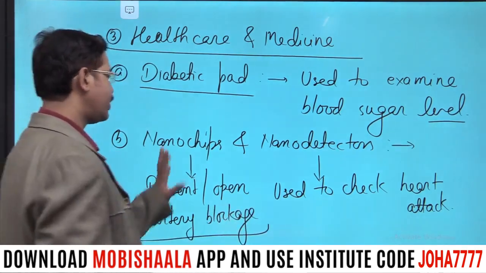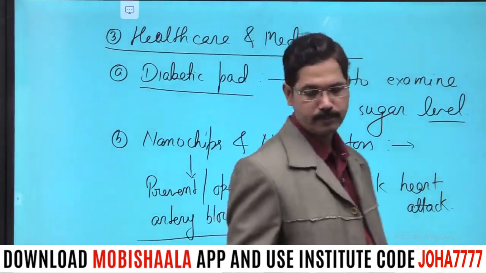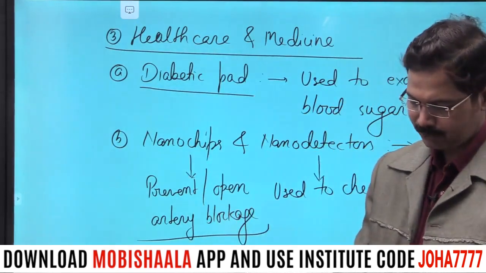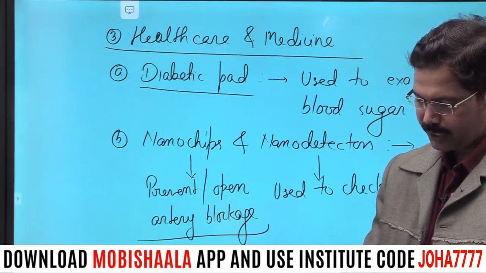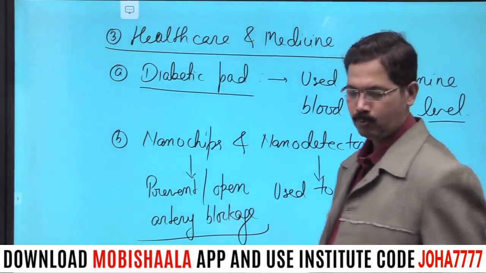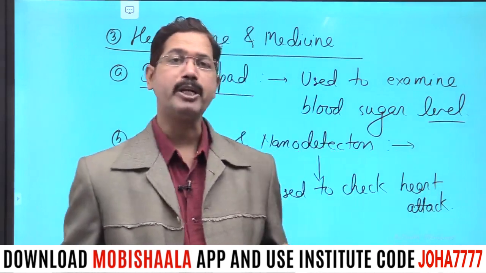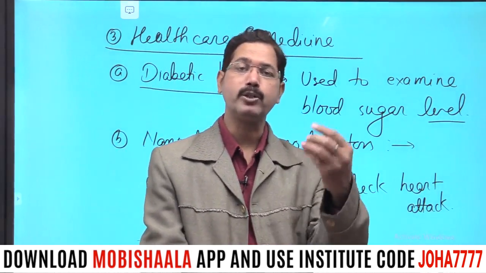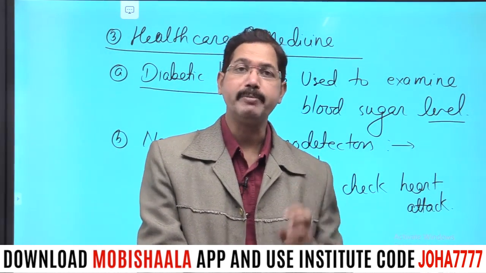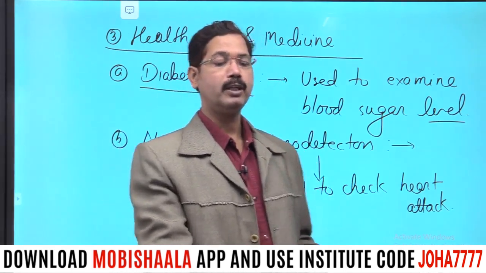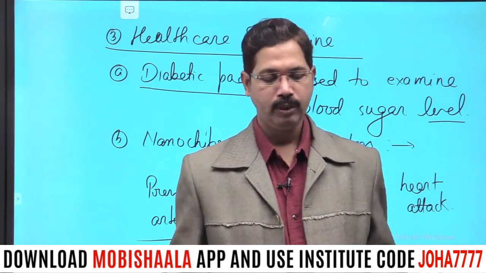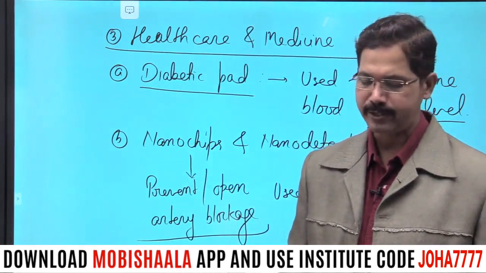Artery blockage is in fact removed by the nanochips. Thereafter, nanosponges. Nanosponges are used to remove the toxins, the poisonous chemicals, the poisonous substances that we accumulate in our blood. Thereafter, nanoflares.